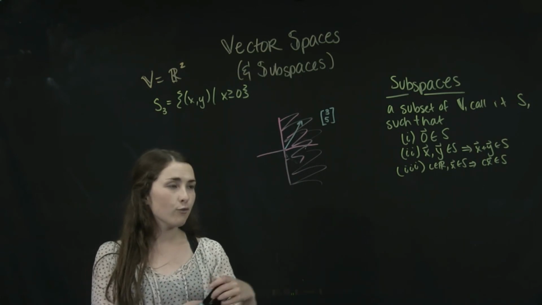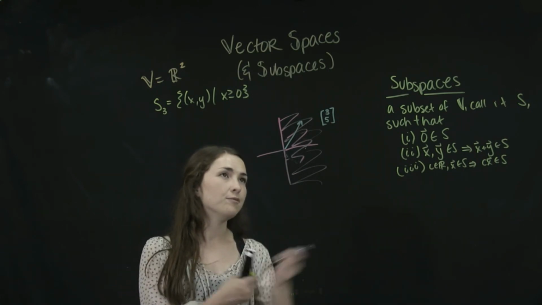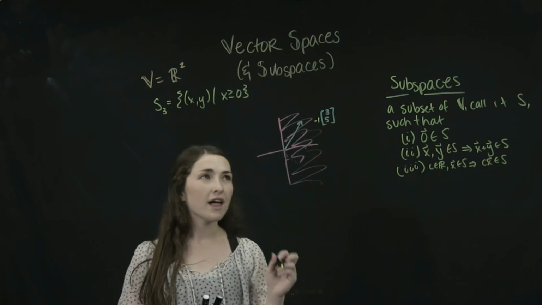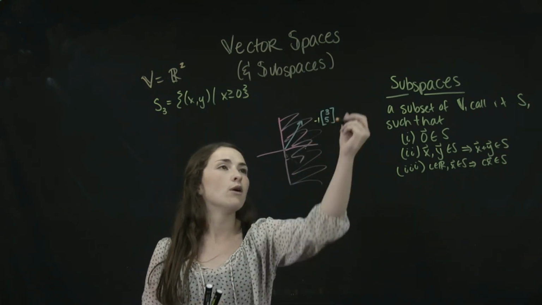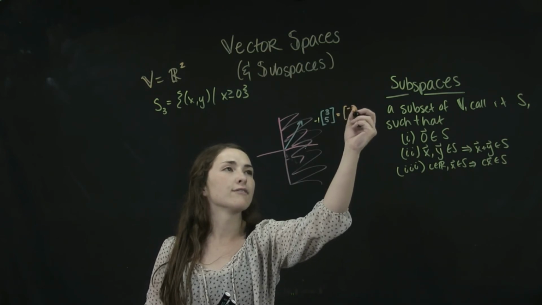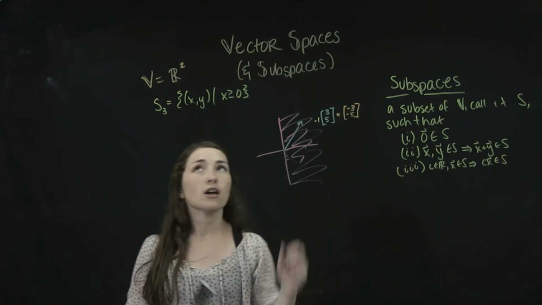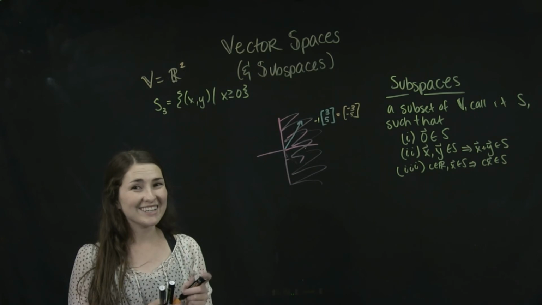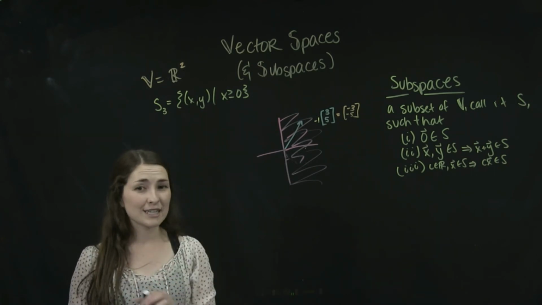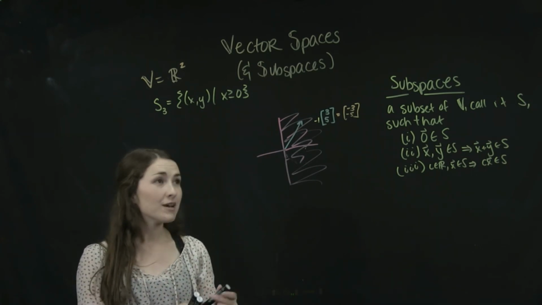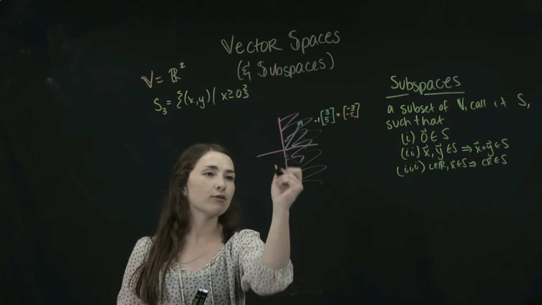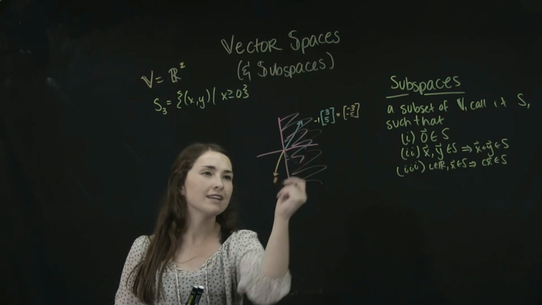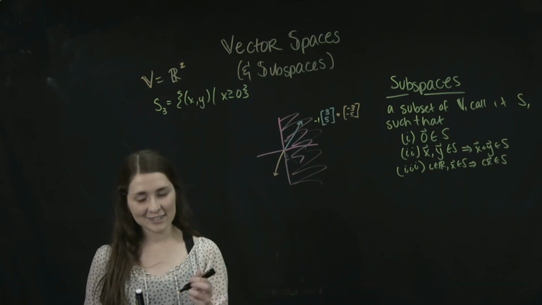So if we take -1 and multiply 3, 5 by -1, what are we going to get out? Well, we're going to get out -3, -5. So this is in R2, but is it in S3? Is it in our subspace? No, because if we graph this one right here, we're going to have -3, -5, which is going to be right down here, which is not in our subset.